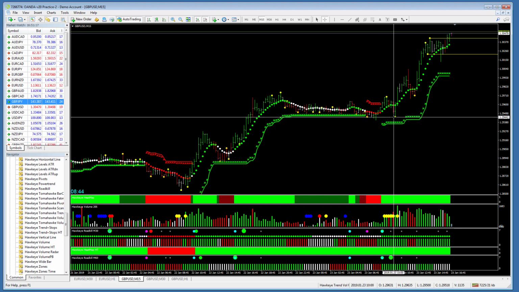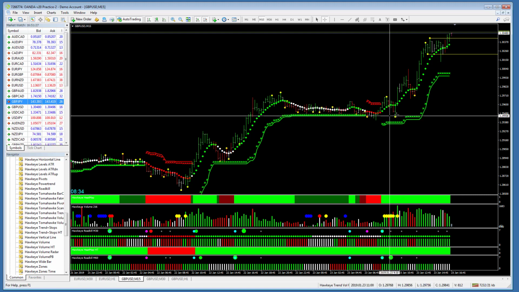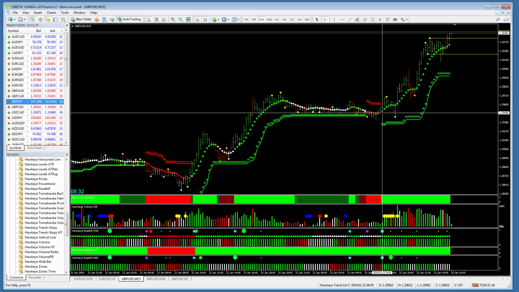So I think that was it. Yeah, this would have been the open. So if you took this trade, this would have been a pre-market trade.